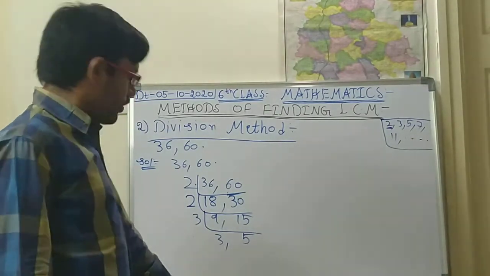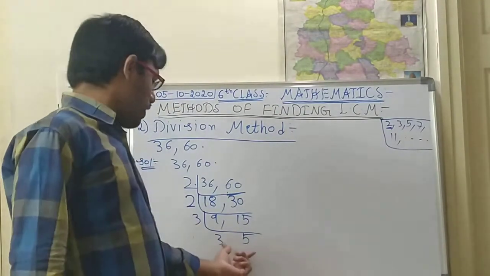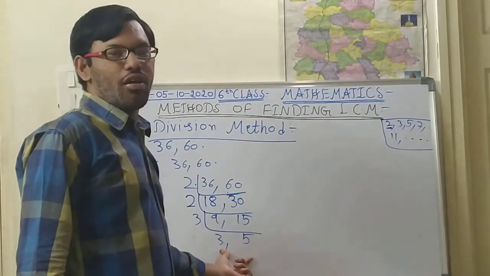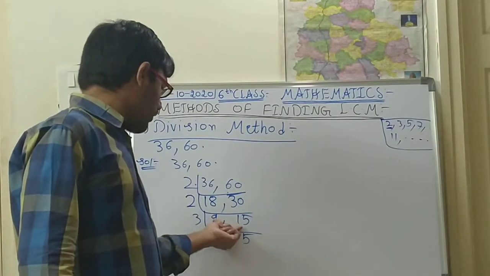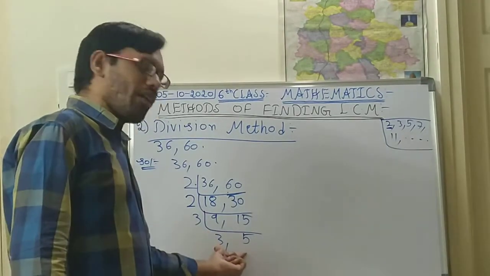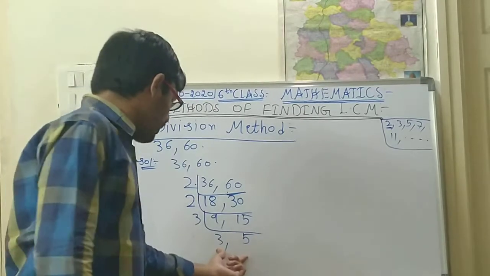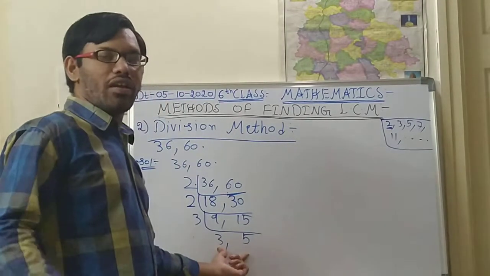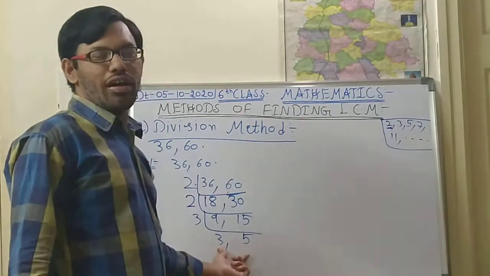These two numbers should have only one as a common factor. 9 and 15 have 3 also as a common factor, but for 3 comma 5 we get one as the only common factor.